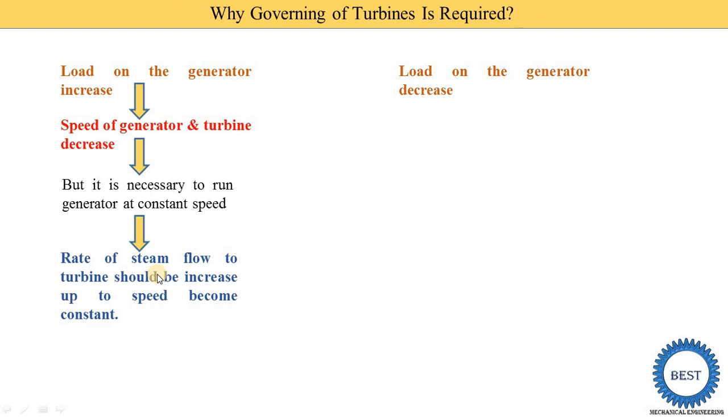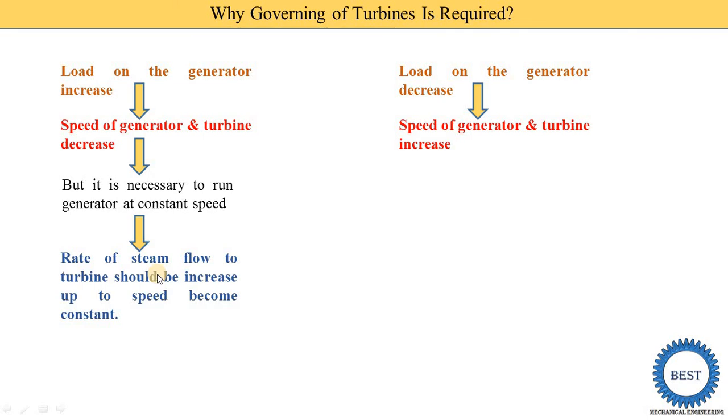Second case: when the load on the generator is decreased, meaning when we switch off various electrical appliances at our home, the load on the generator is decreased. Then the speed of the generator and turbine is increased, similar to when your friend moves outside from the bicycle, at that time the speed is increased.